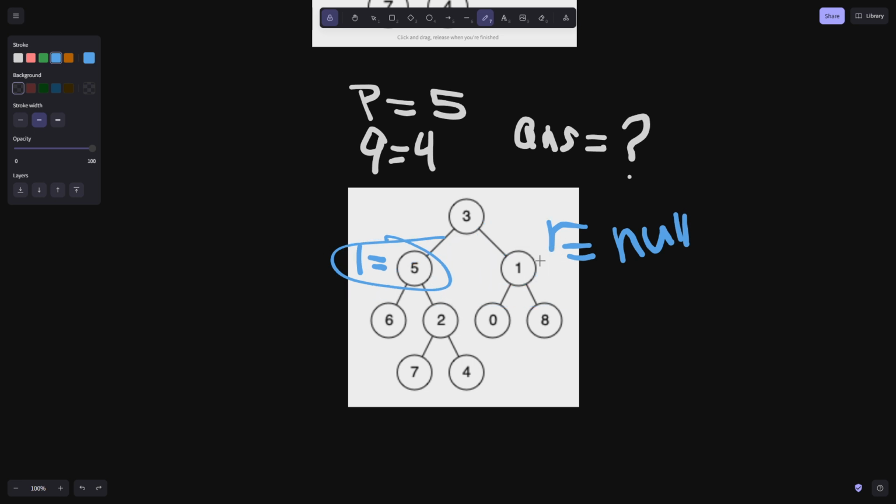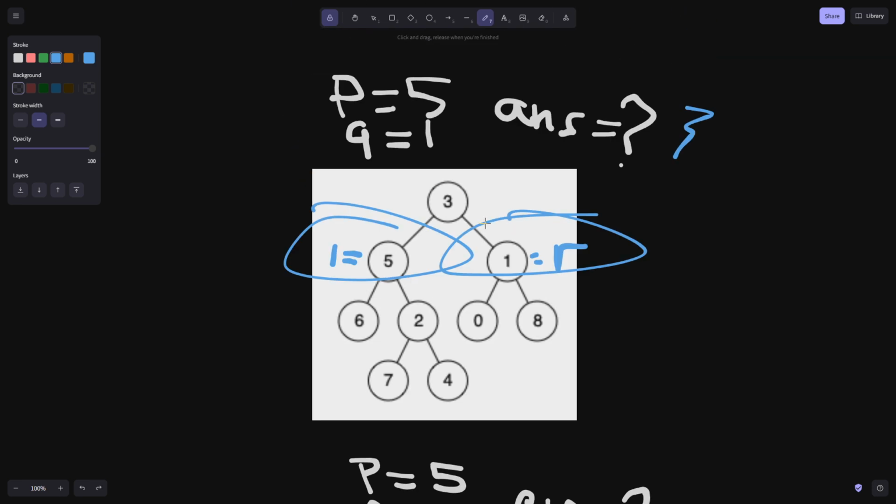Now, if left and right exist, then the node they descend from is actually the LCA, right? Because if we're up here, how can this be the lowest common ancestor? This is not an ancestor of 1. Likewise, 1 is not an ancestor of 5. 3 is an ancestor of both, right?